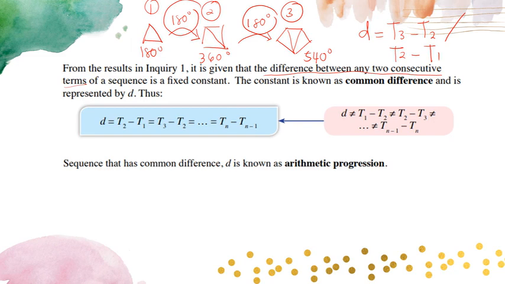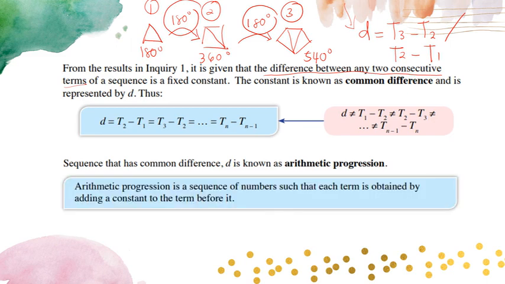Arithmetic progression means that we have a sequence that has the same increment or decrement, kadar pertambahan yang sama lah, which is the common difference. An arithmetic progression is a sequence of numbers such that each term is obtained by adding a constant to the term before it.